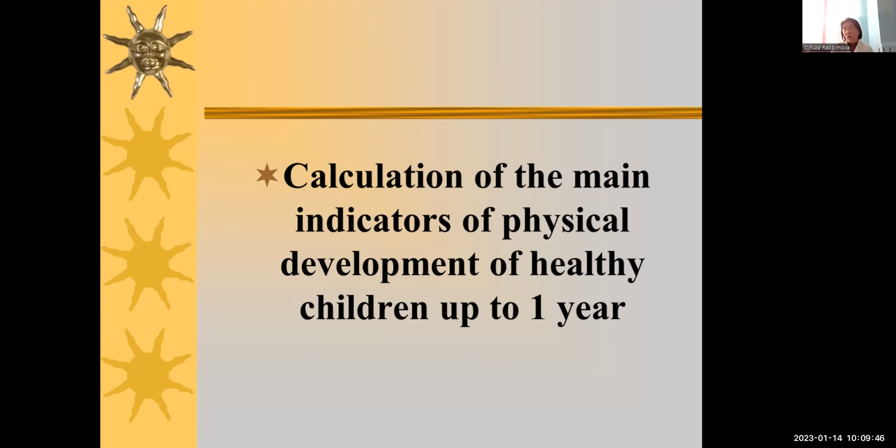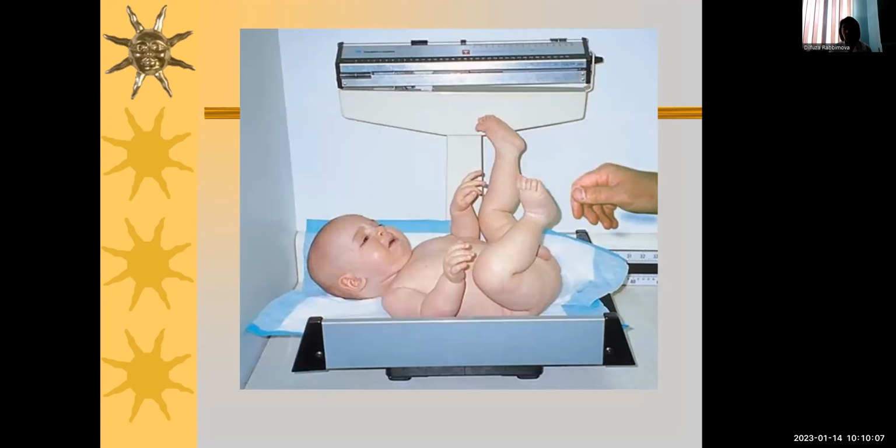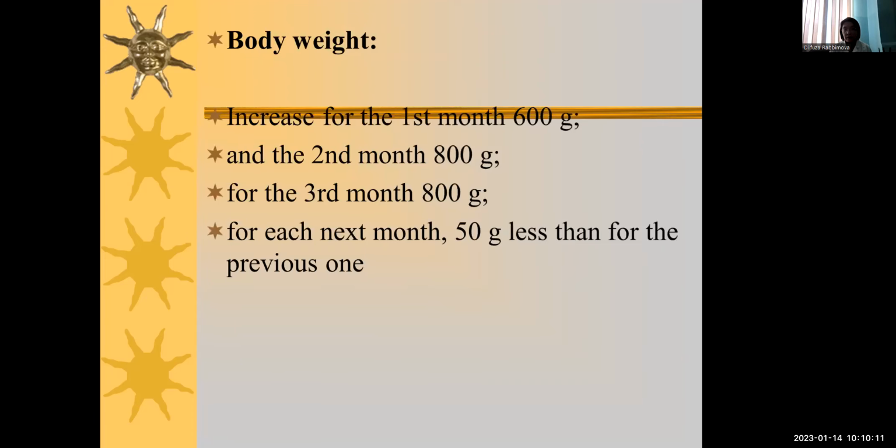The first method of examination of physical development is the method of anthropometric formulas. These are formulas for calculation of the main indicators of physical development. For example, up to 1 year old, measurement of the weight.